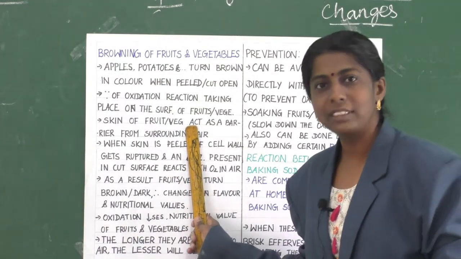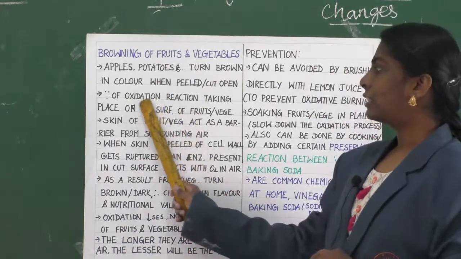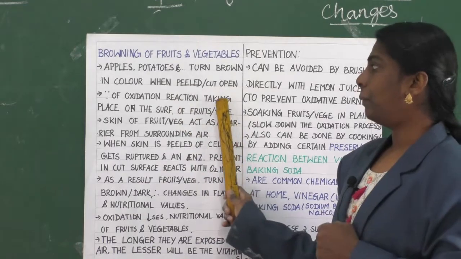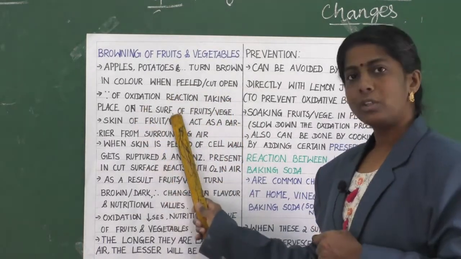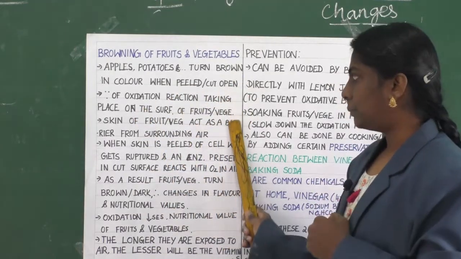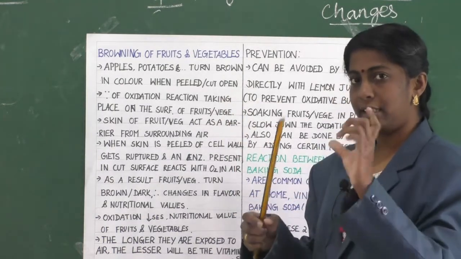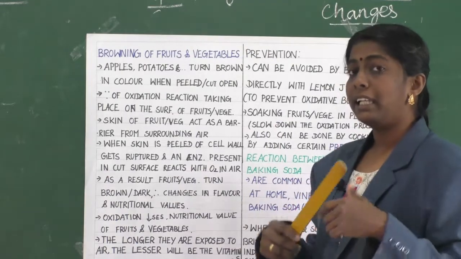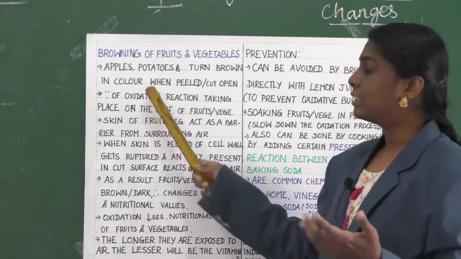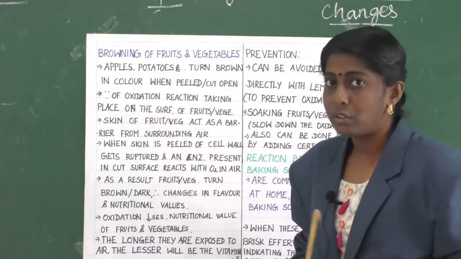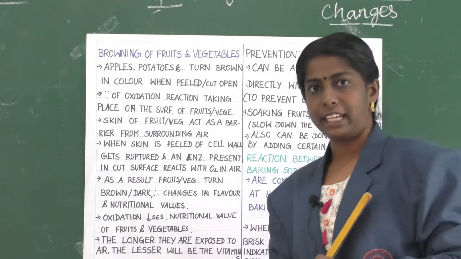Because of the oxidation reaction. Oxidation reaction is taking place on the surface of fruits or vegetables. So, once it is peeled or the surface is cut, then after some time it turns brown, and that is because of the oxidation reaction.